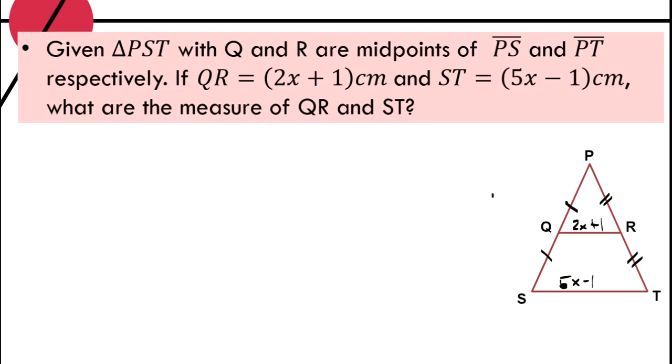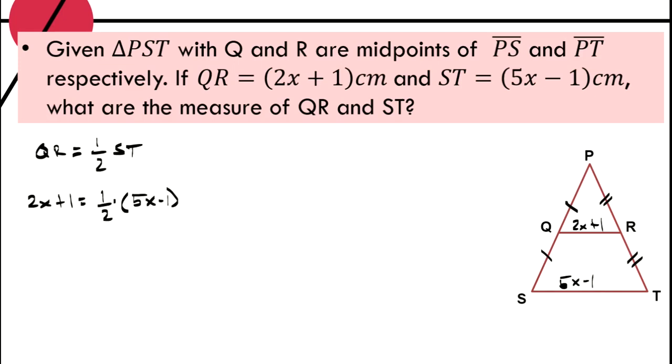And in order to get the value of x, we will just apply the midline theorem for triangle. So midline QR is just 1/2 the measure of the third side, ST. Substitute the given values. QR is 2x plus 1, while ST is 5x minus 1.